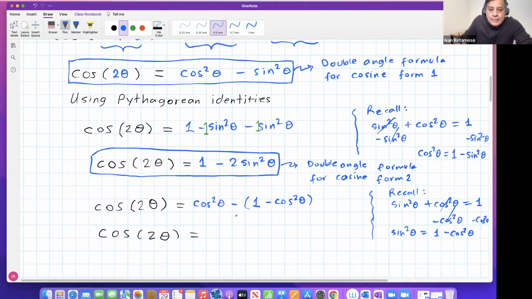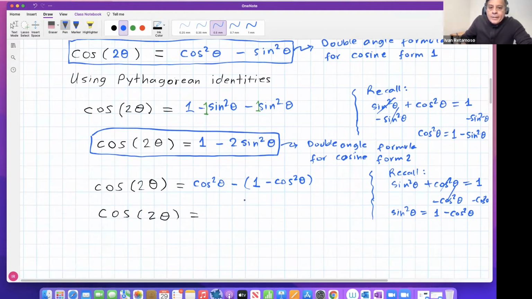So if you do the math now, this will become cosine square of theta minus 1, minus times minus plus, plus cosine square of theta.